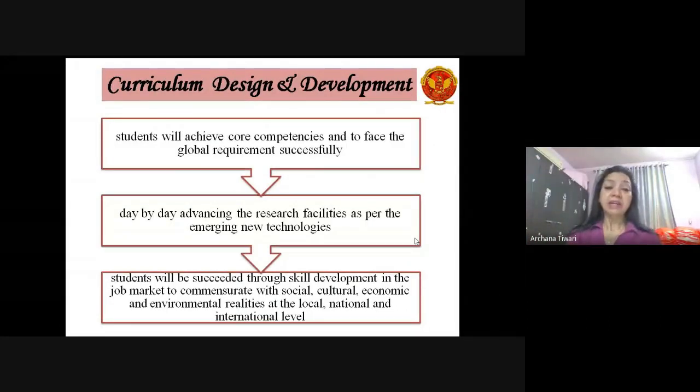Hence, day by day we are advancing the research facilities as per the emerging new technologies, and students will succeed through skill development in the job market to commensurate with social, cultural, economic, and developmental realities at the local, national, and international level.